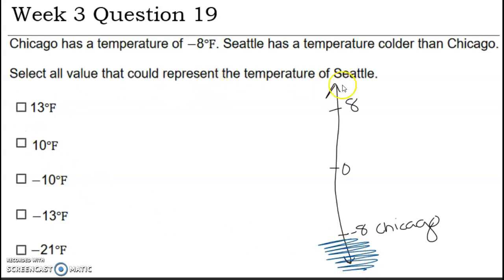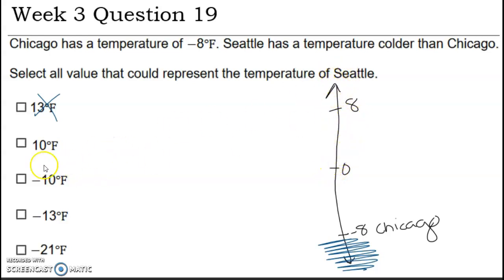Select values that could represent Seattle. So I know that Seattle has to be down here. It's got to be lower than -8 because it's colder. Okay, so the number 13. If I'm at 0, +13 is way up here. It is definitely not colder than -8. What about 10? That's 10 degrees to the positive.